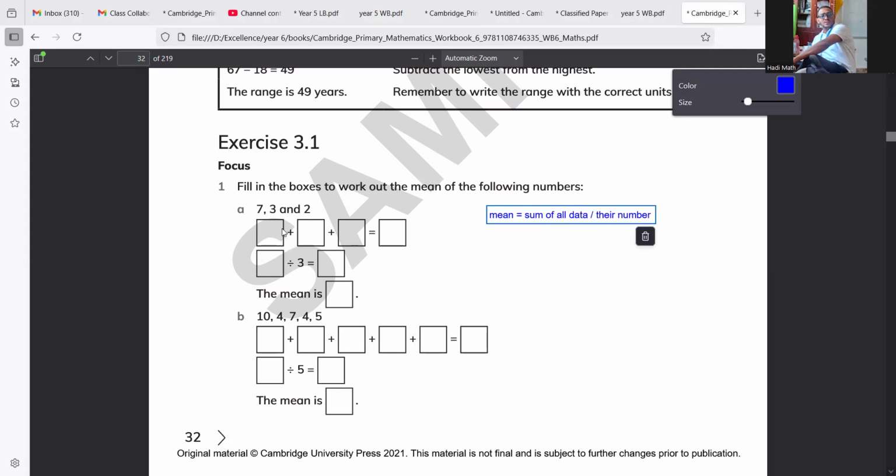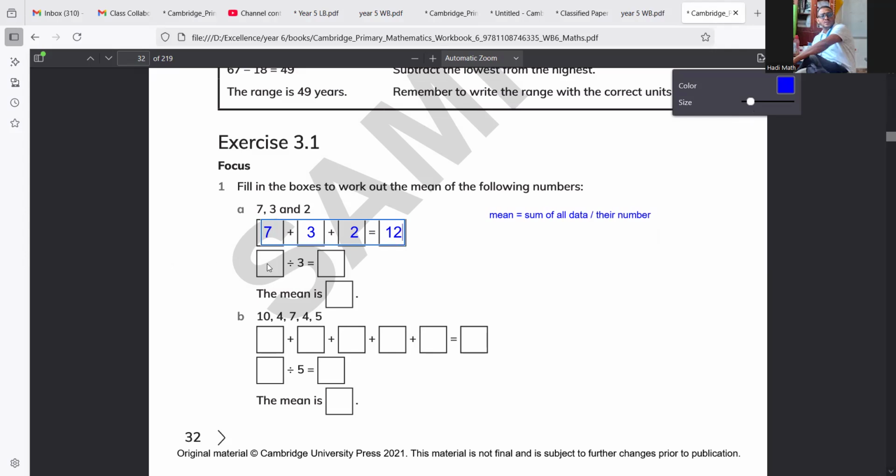Step number 1, you're going to add them together. Adding them like 7 plus 3 plus 2. When you add them, the result is equal to 12.